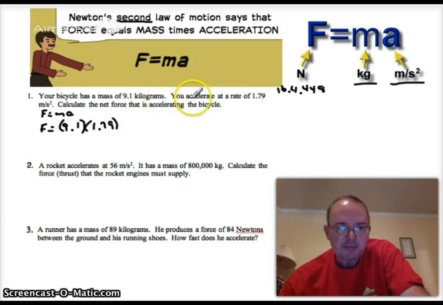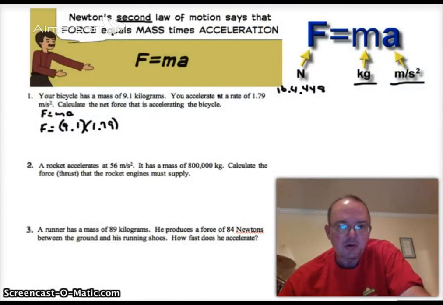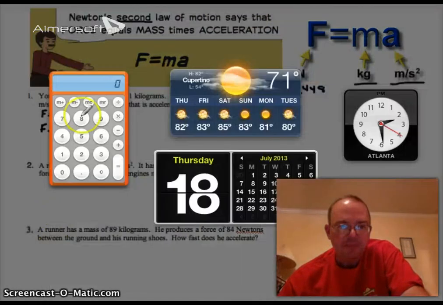So kilograms times meters per second squared is exactly what we're looking for right here. So I'm going to go down here to the dashboard. That is, let's see what that was, 9.1 times 1.79 equals.